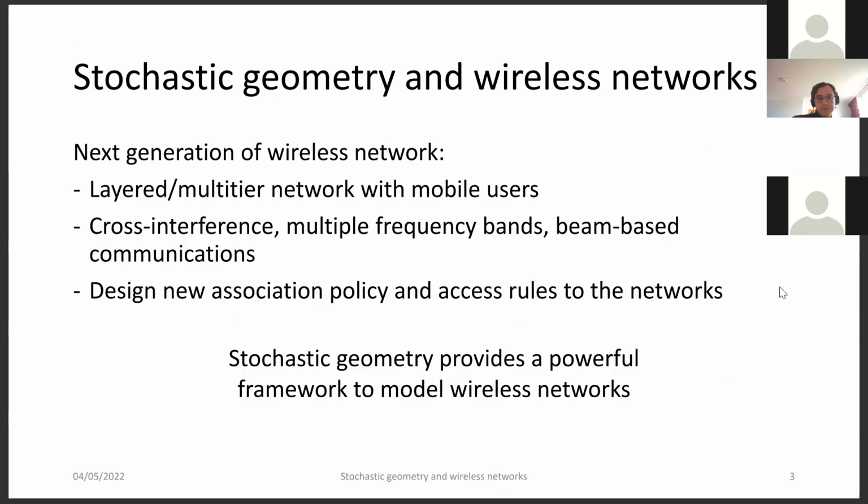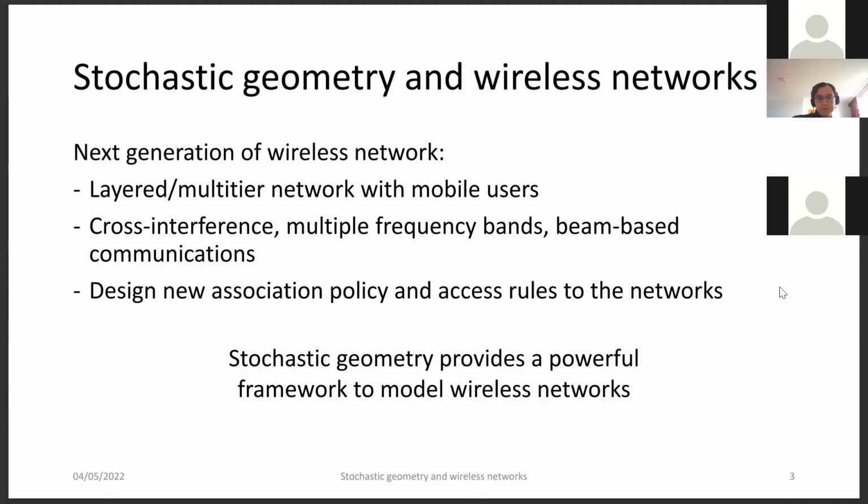The motivation behind this is that the next generation of wireless networks, so 5G, then the upcoming 5G advanced and maybe 6G in the forthcoming years, are becoming more and more complex. We have to deal with layered and multi-tier networks with mobile users, and especially highly mobile users. We have to take into account cross interference, multiple frequency bands, beam-based communication.